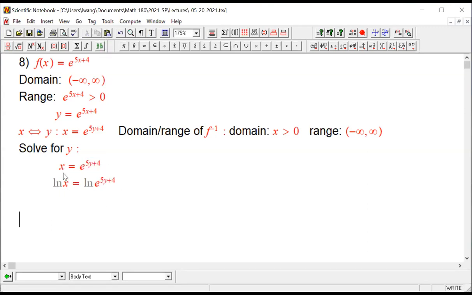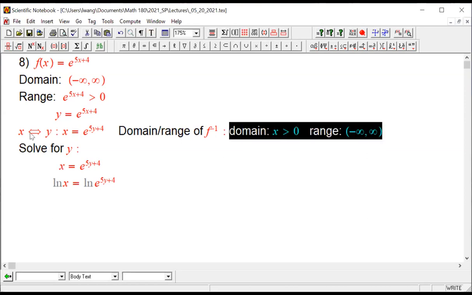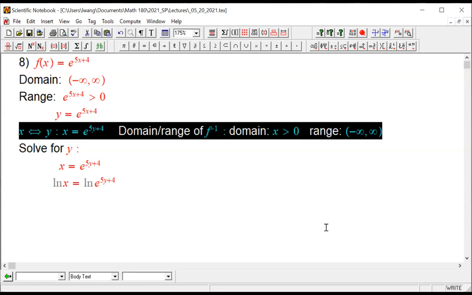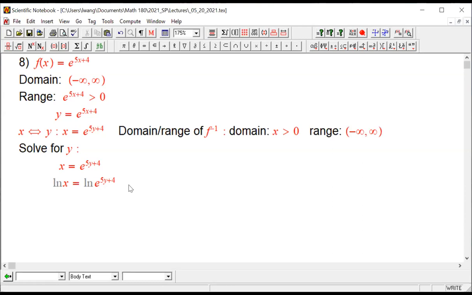When we take a natural logarithm, we know that the domain for the natural logarithm is positive numbers, so this has to be guaranteed to be positive. Otherwise, we cannot take that natural logarithm. Being aware of this process is absolutely critical.